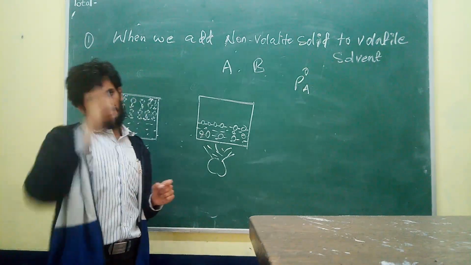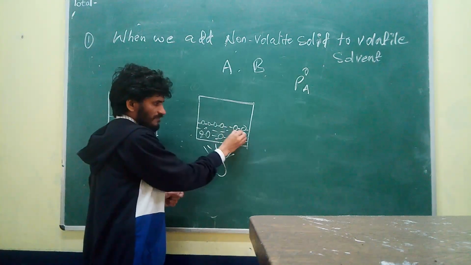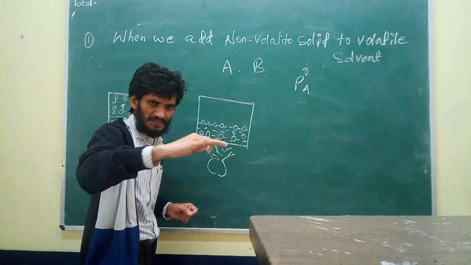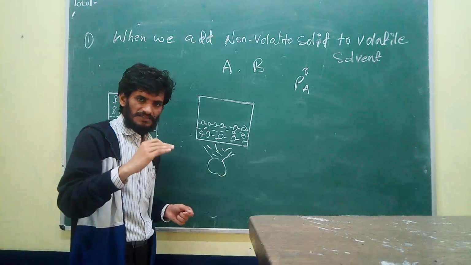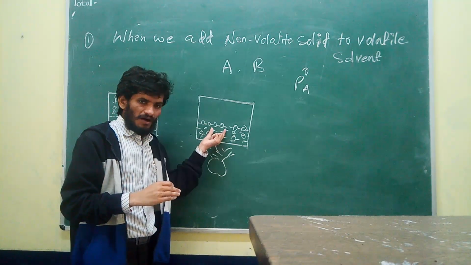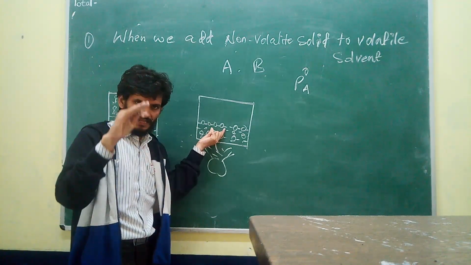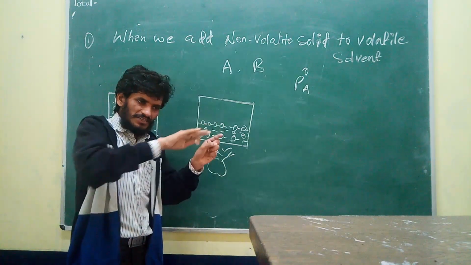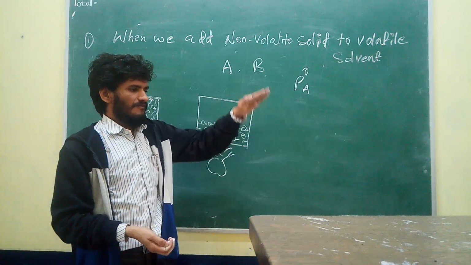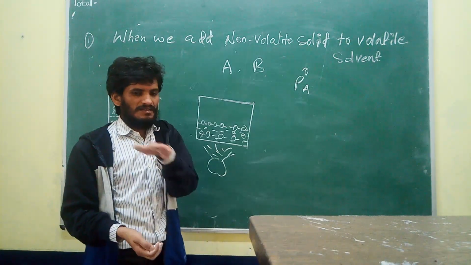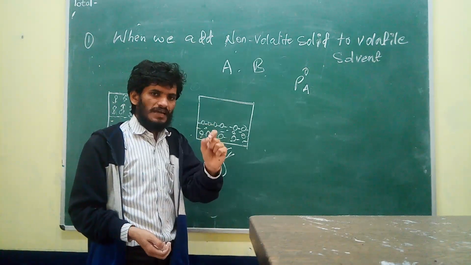a non-volatile solid into the volatile solvent, what happens? Earlier there were 100 particles present on the liquid surface. Now, among those 100 particles, 50 particles of the liquid are displaced by the solid particles, and the space is occupied by non-volatile solids.